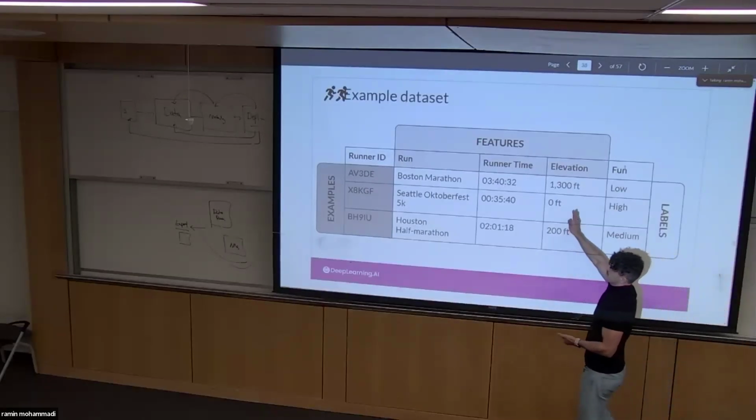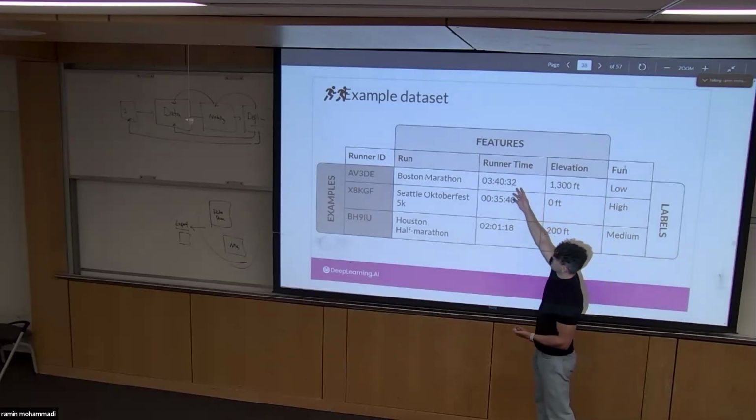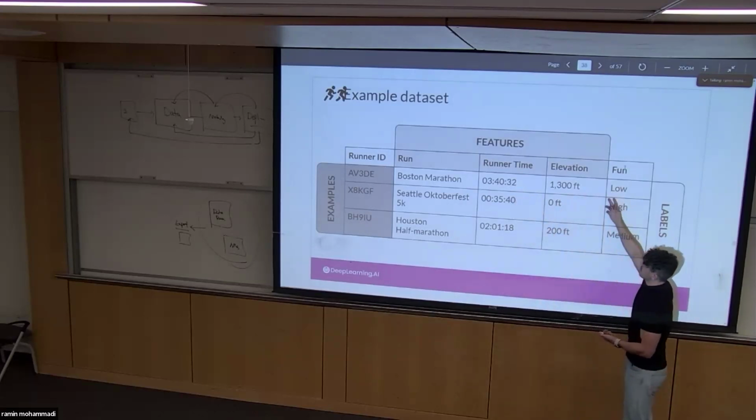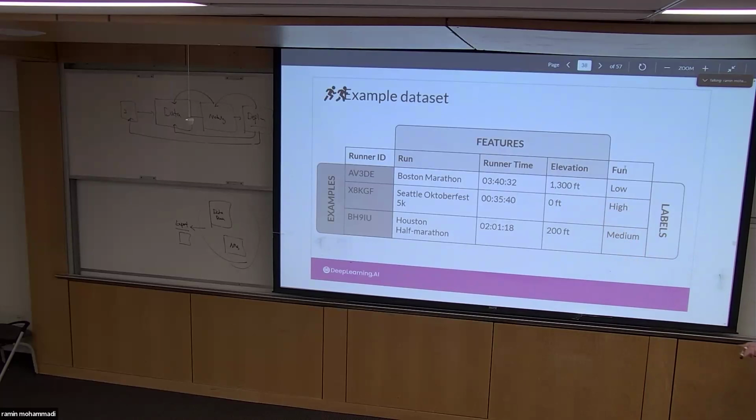If you didn't account for elevation, a run that took 3 hours and where fun was low, maybe you would assume that the user enjoyed running the Boston Marathon, because it's just fun. So it's important to think about the features that you have used as part of your model, which help you map to the user needs also.